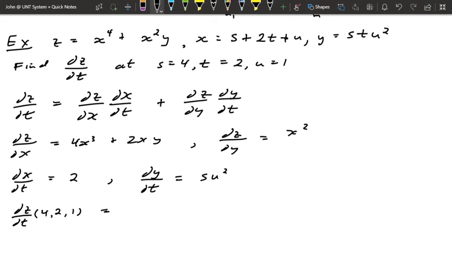So that's going to be del z del x, which is 4x cubed plus 2xy, times del x del t, which is 2, plus del z del y, which is x squared, times del y del t, which is s u squared. And we're evaluating this whole thing at 4, 2, 1.